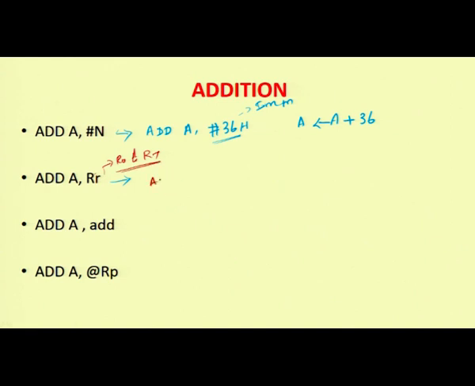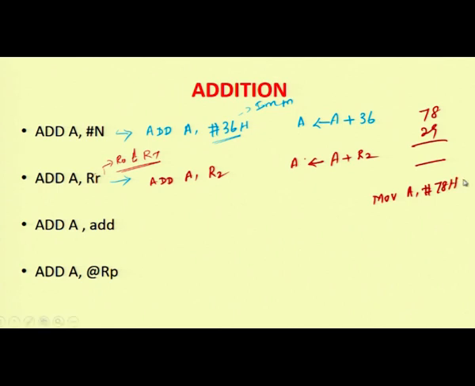Suppose I take the example add A comma R2. What it represents is A is added with R2 and the result is stored in the accumulator. If I ask you to add the two numbers 78 plus 29, what will you do? First initialize one of the data, move A comma 78H.